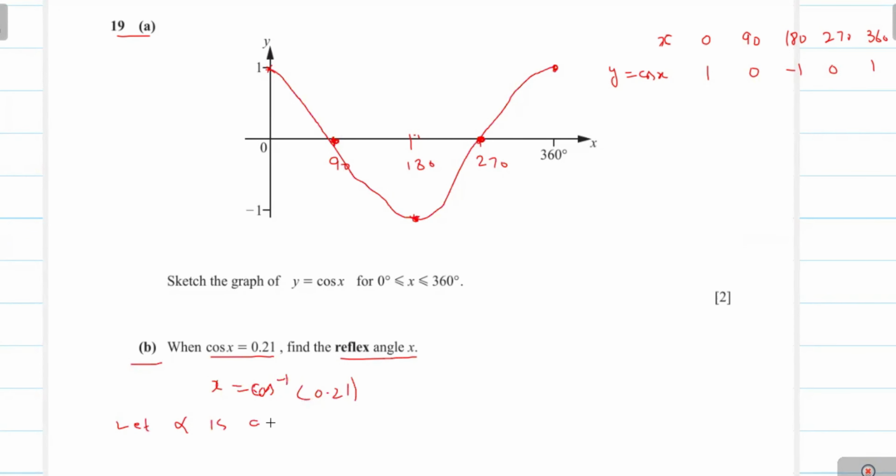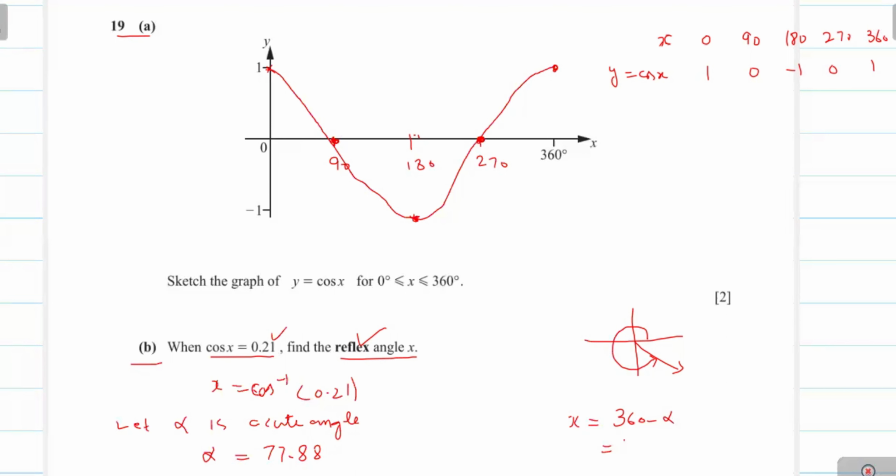Now cos is positive in the first and fourth quadrant. We will take the reflex angle value that lies in the fourth quadrant. Therefore, this angle x will be equal to 360 minus alpha.